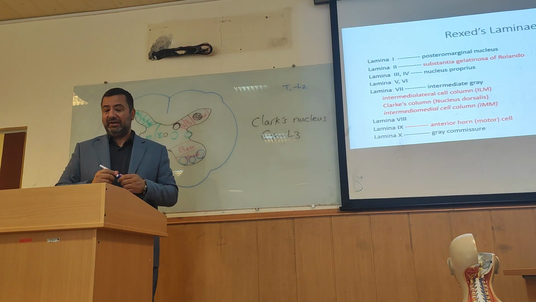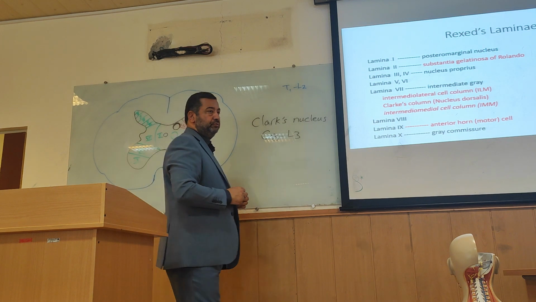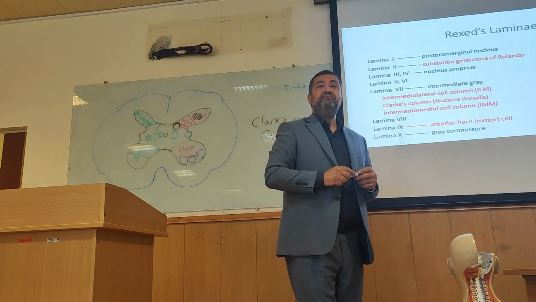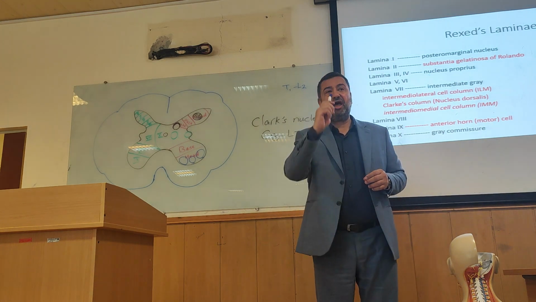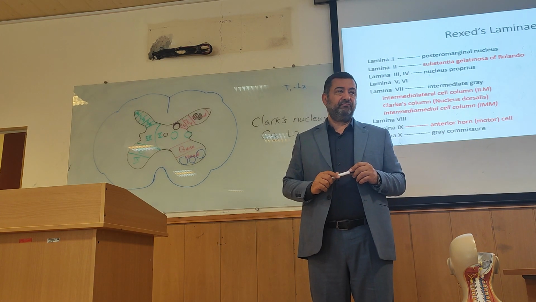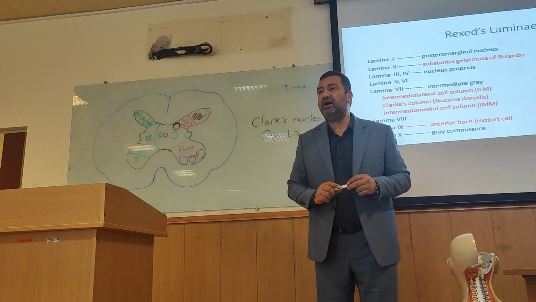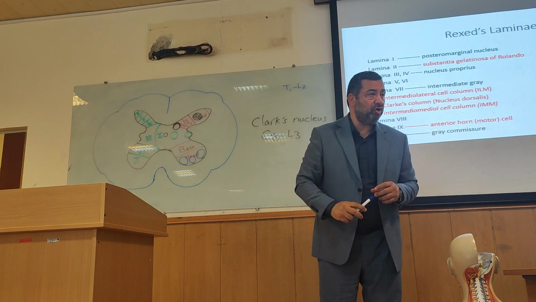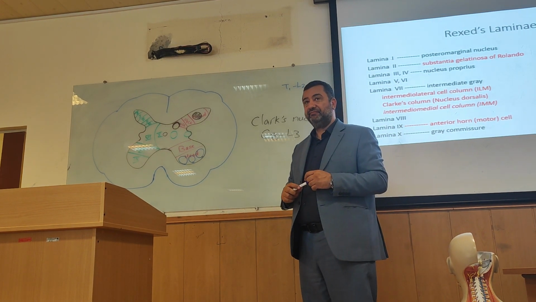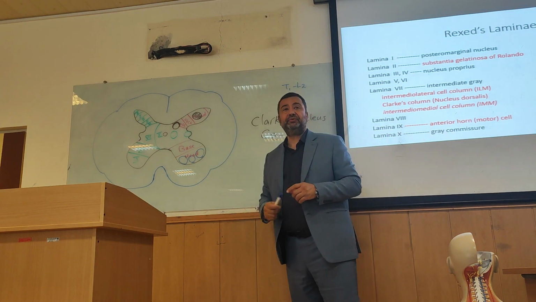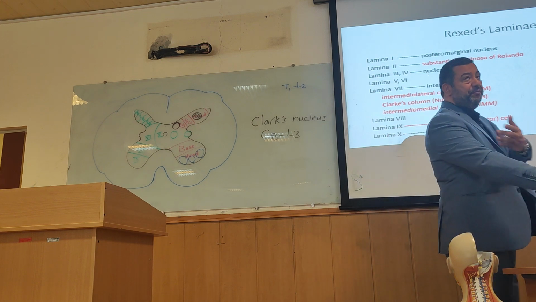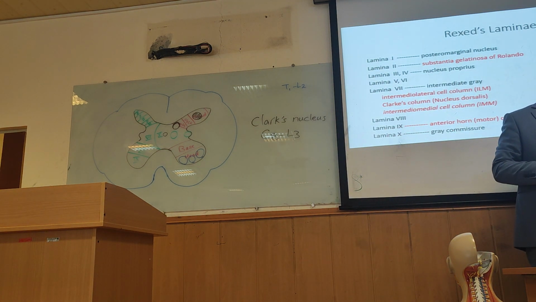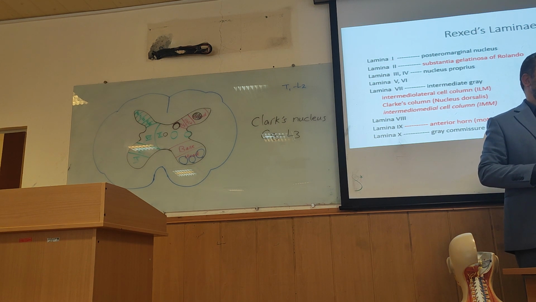Medial group is for innervation of axial skeletal muscles. And lateral group is for innervation of upper and lower limbs.